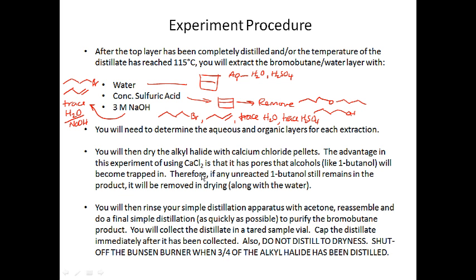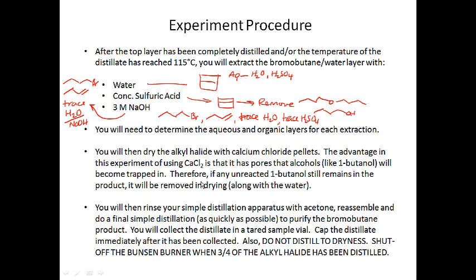If the solution is not clear, then you need to add a small amount more. So drying with calcium chloride is a little different than drying with sodium sulfate. With calcium chloride, we know you've added enough when the solution is clear. Okay, might make a good quiz question.